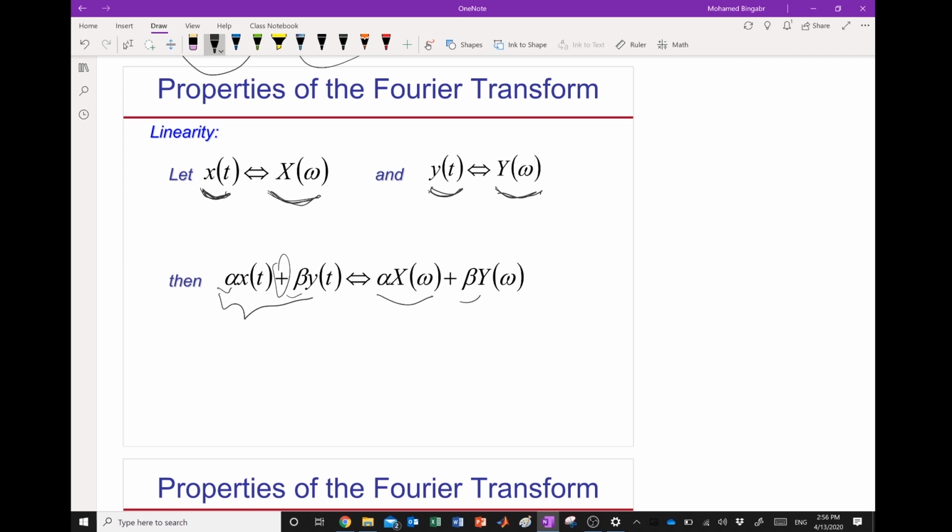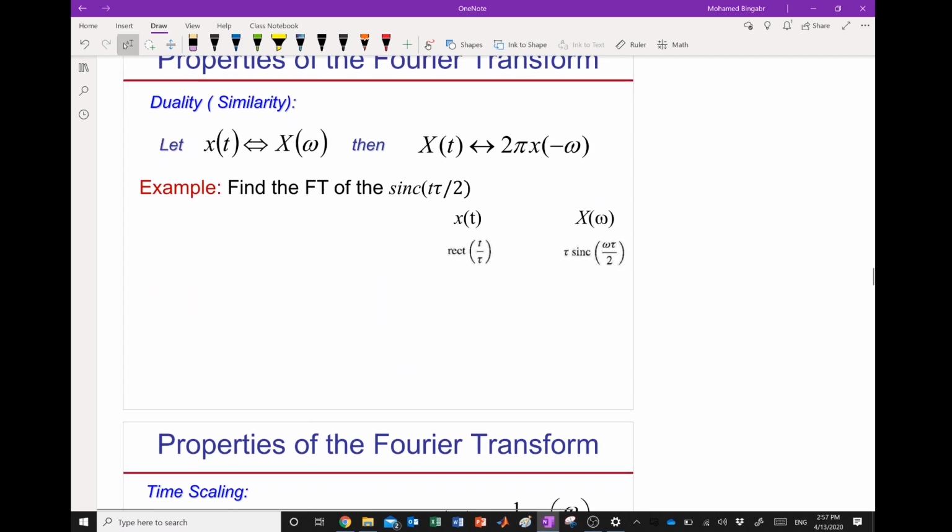Linearity, we use it when we have a linear system, and if the input consists of several components and you know the system response to each component, just add the output of each component, and that will be the response for all components added together.